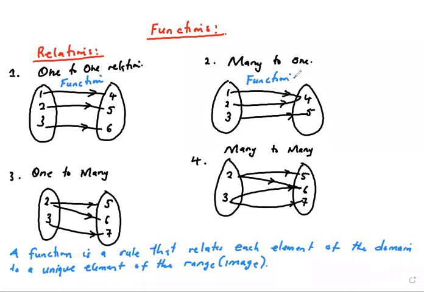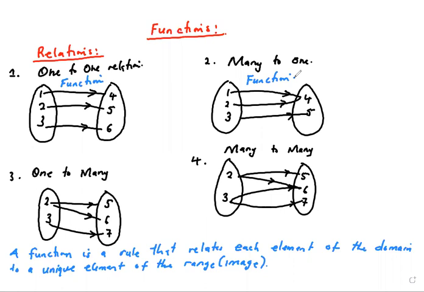The word unique is telling us that we must make sure that there's only one arrow from the left to the right, from each element. The easiest way of knowing whether it's a function or not, you go and count how many arrows are leaving one number of the left going to the right.